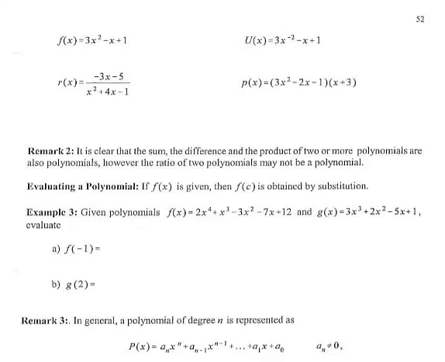Picking it back up with the next page, we have little f of x, and it is a polynomial because we have the exponents 2, 1, and this constant term could be written as 1 times x to the 0. So all positive integer exponents. What is the leading term? That is 3x squared.